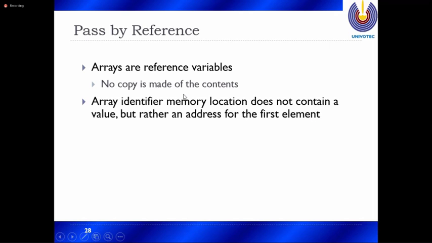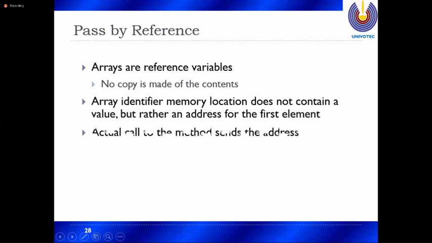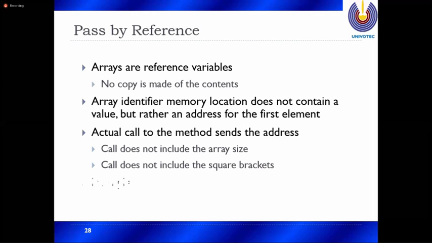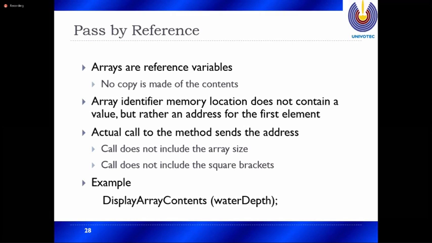The actual call to the method sends that address. The call does not include the array size, and it does not include the square brackets either. In this example, DisplayArrayContent with waterDepth: waterDepth is passed as a reference type.